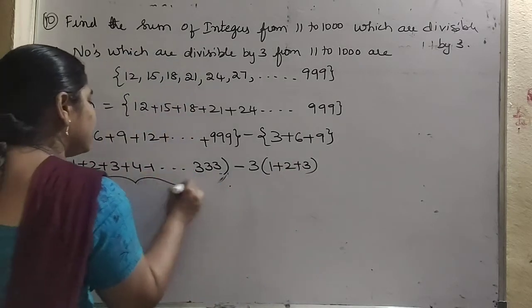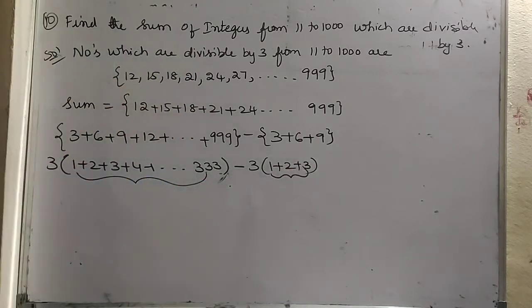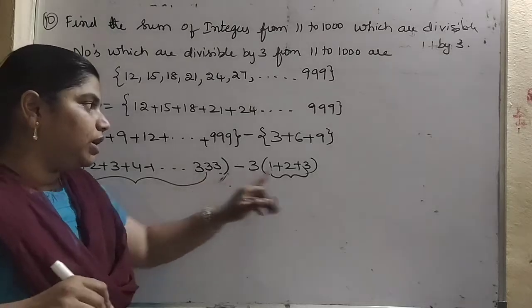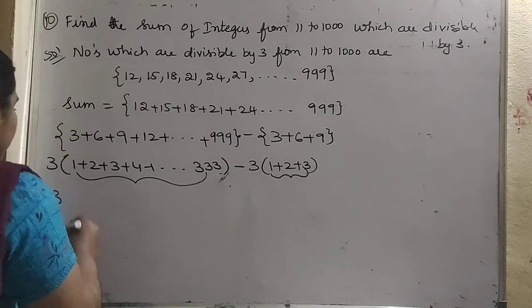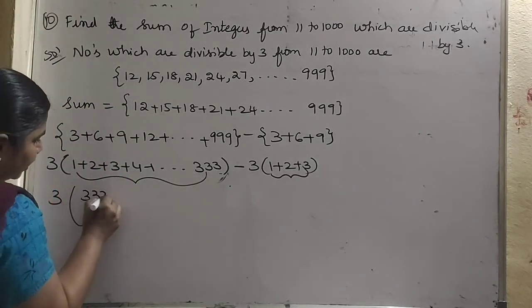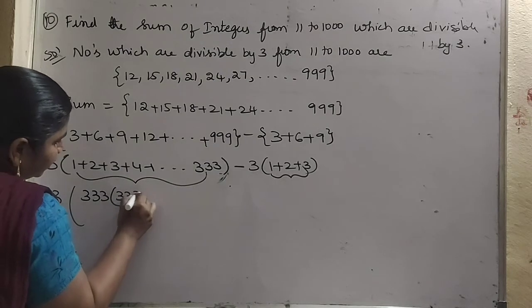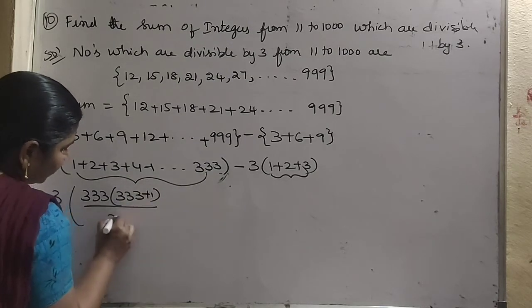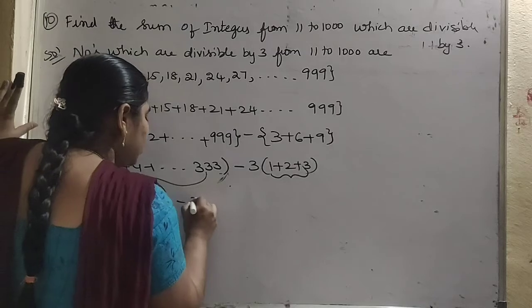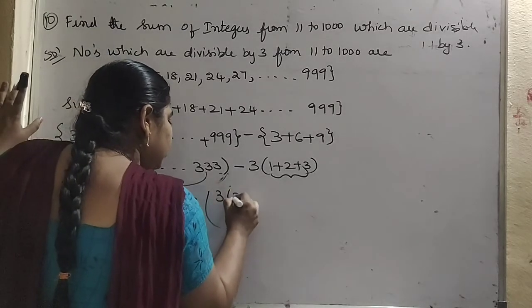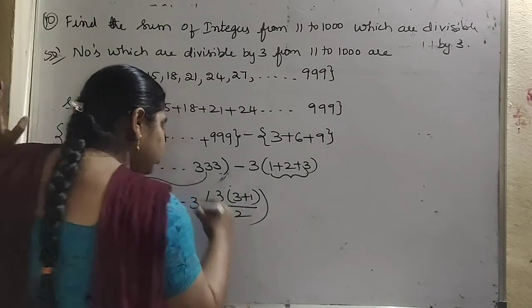These are all sums of natural numbers, so I am applying the natural numbers formula. The n value is 333 here, and here the n value is 3. So that is 333 into 333 plus 1 by 2, and here 3 into 3 plus 1 by 2.